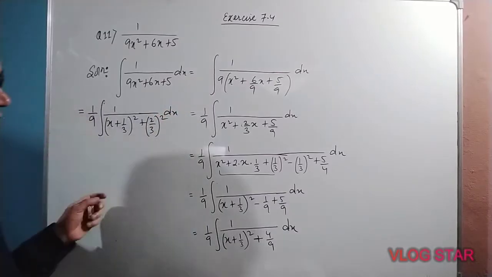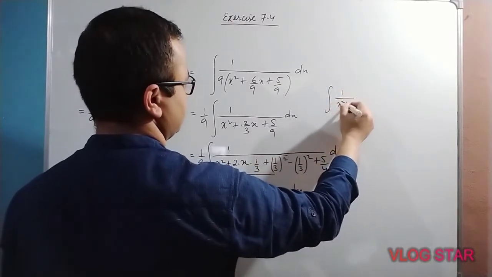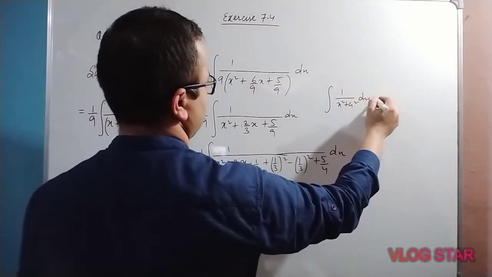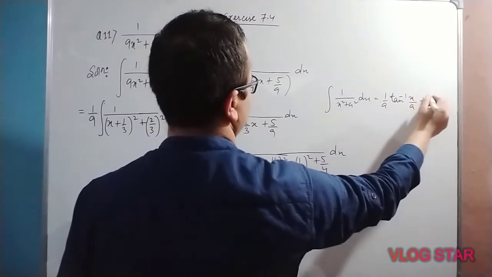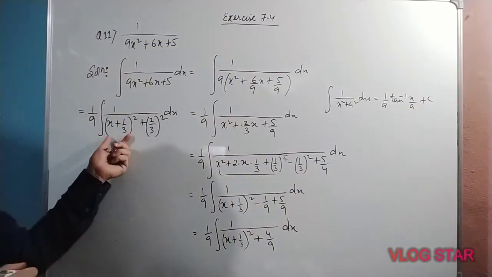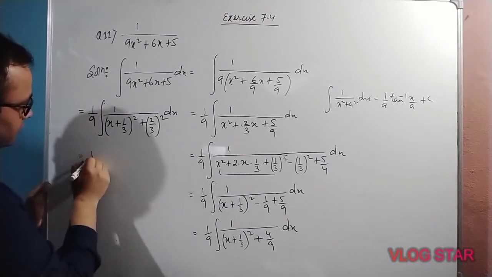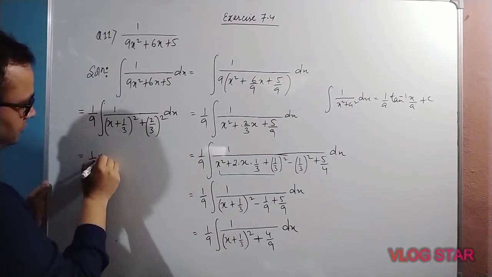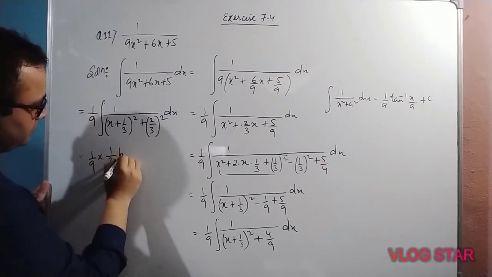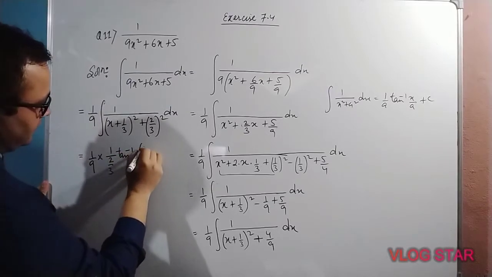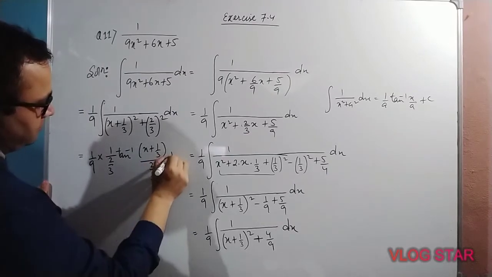We know that the formula of integration of 1 by x square plus a square dx is 1 by a tan inverse x by a plus c. So it is in the form of x square plus a square. This equals 1 by 9 into 1 by a, which is 1 by 2 by 3, tan inverse x, x is x plus 1 by 3, a is 2 by 3, plus c.